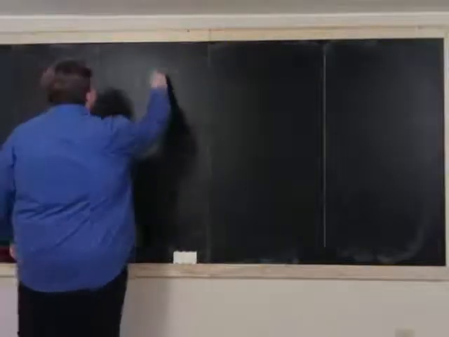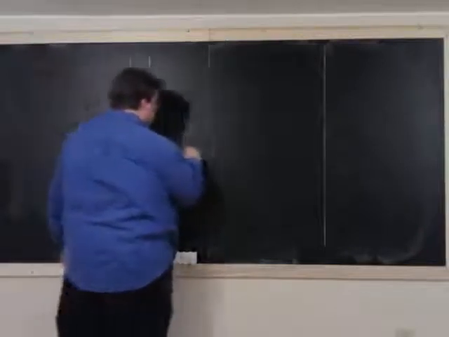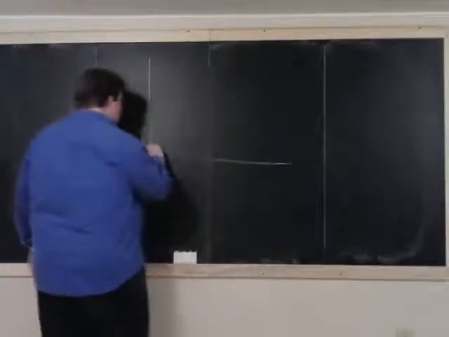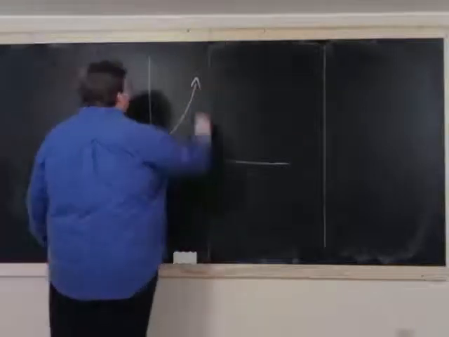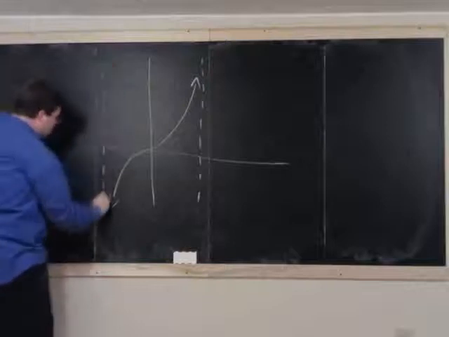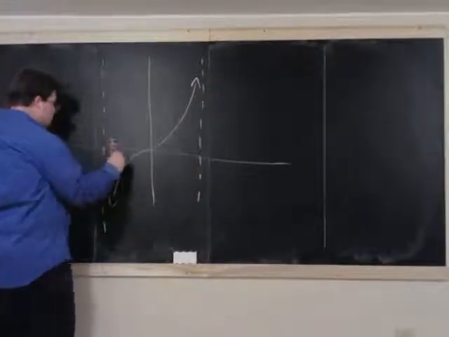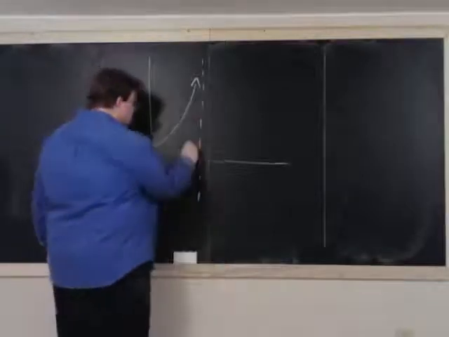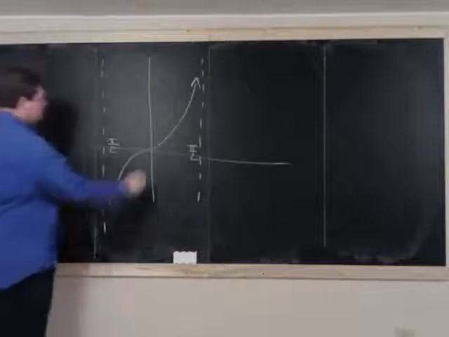And similarly, we're going to define the inverse tangent function. And we'll start, again, with the graph of the tangent function. Tangent looks like this. And it has vertical asymptotes, excuse me, at negative pi over 2 and pi over 2. So the first thing you'll notice, this goes through the origin.